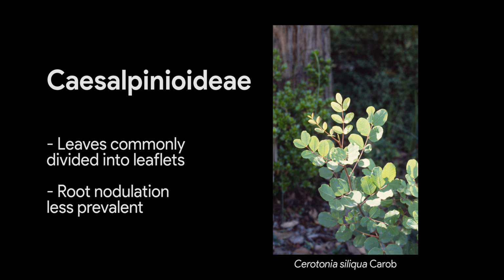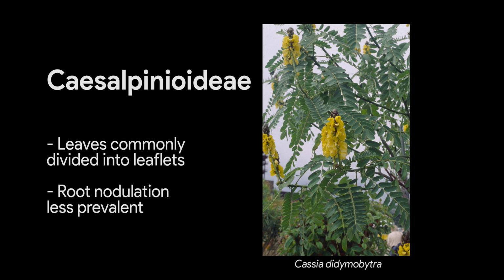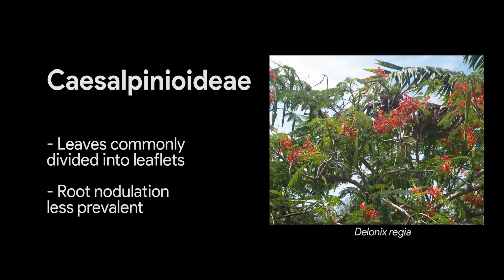If present, leaf stipules are small and easily detached and shed. Leaves sometimes have specialised secretory glands. Very rarely, they can also have tendrils. Fruits may sometimes be winged or spiny, but are still in leguminous pods. Root nodulation is less common than in the Mimosoideae and the Papilionoideae.